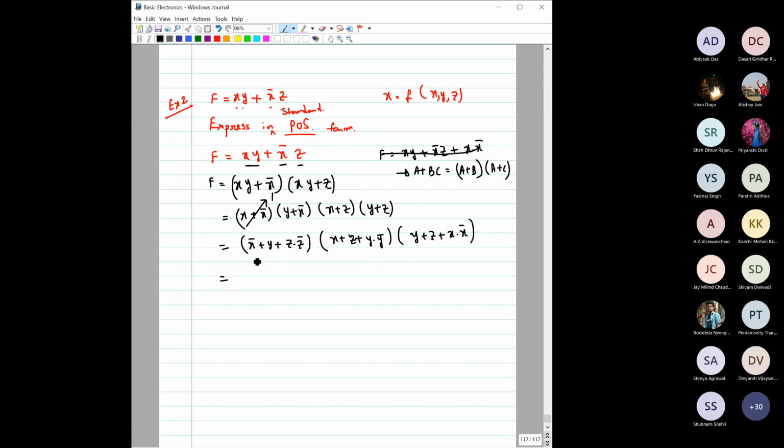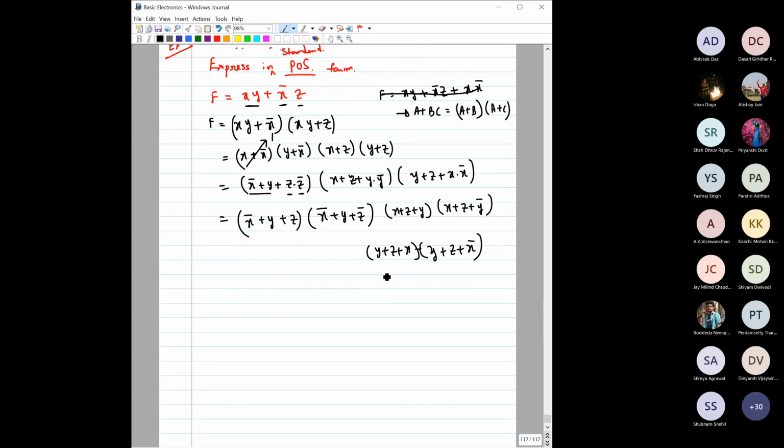Now again take this as a, and this as b and c, and split again: x y z, x bar y z bar, x z y, x z y bar, y z x, y z x bar, right?